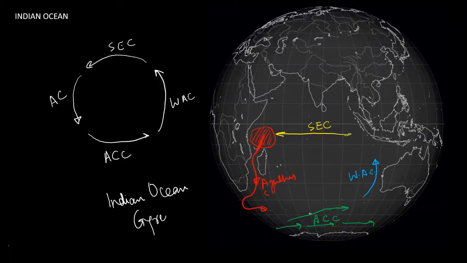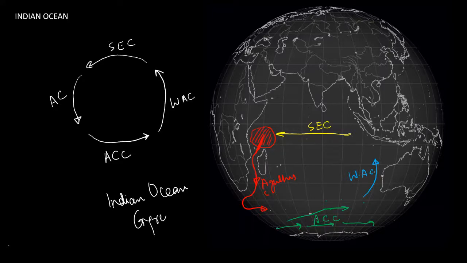So if it is asked which is the northernmost current of the Indian Ocean Gyre, then the answer will be the South Equatorial Current. Which is the western current of the Indian Ocean Gyre? Agulhas Current. Southernmost is the Antarctic Circumpolar Current, and easternmost is the West Australian Current.